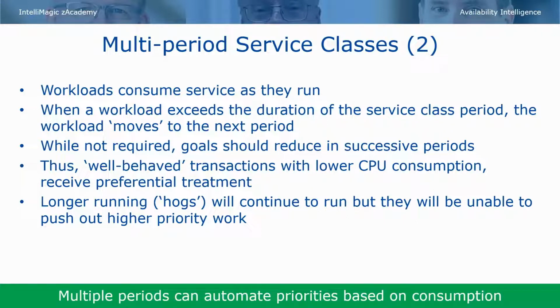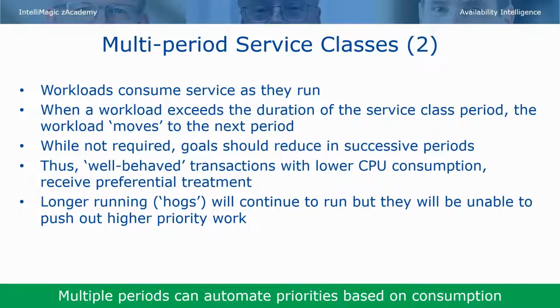In a single period service class, a transaction will run as long as necessary under the same goal until it's complete. Straightforward. Its accumulated service units can be tracked, but they'll have no bearing on how Workload Manager treats the transactions under that workload.